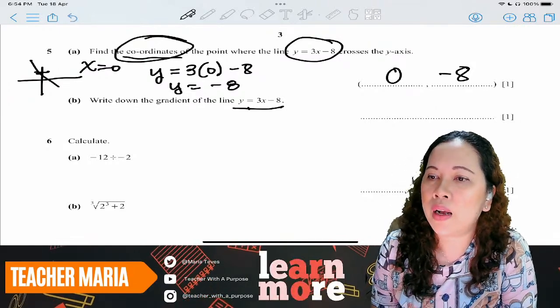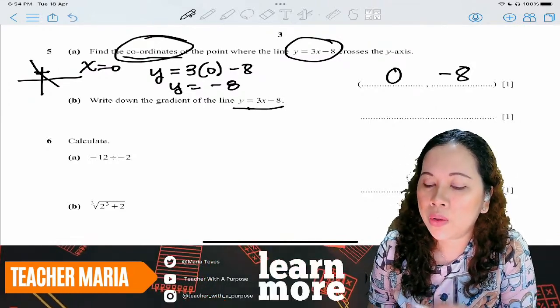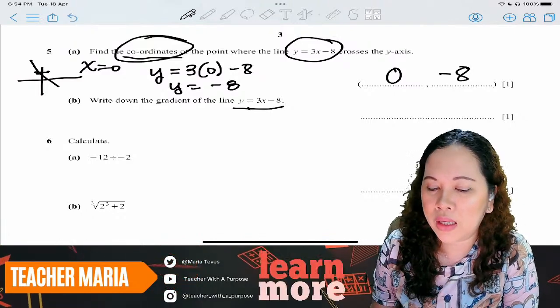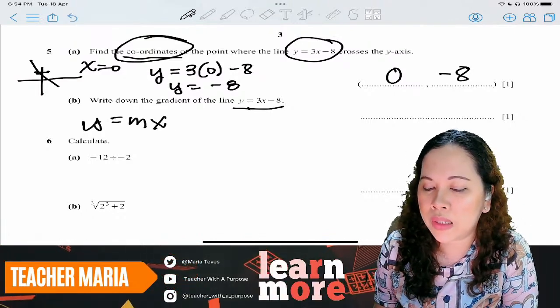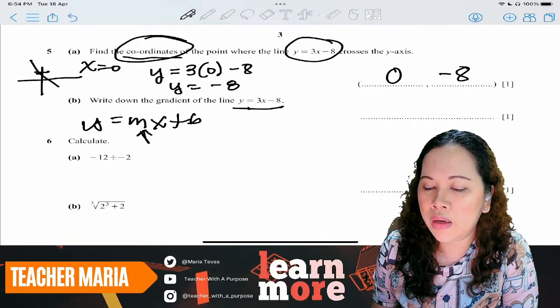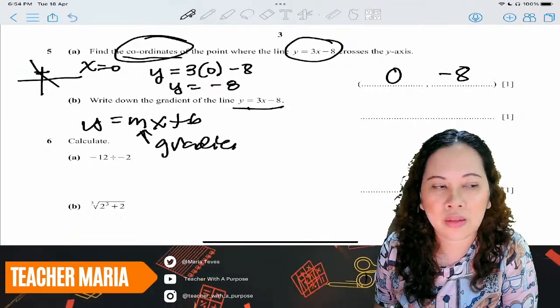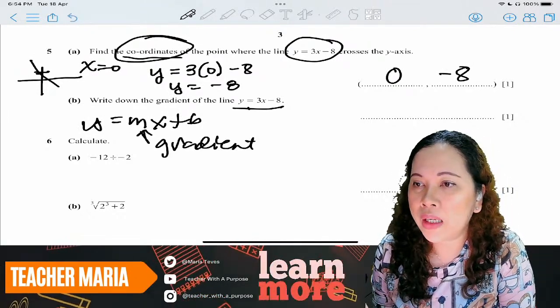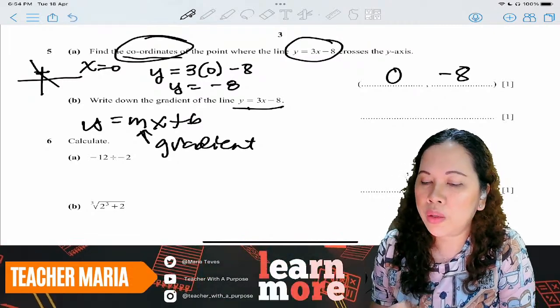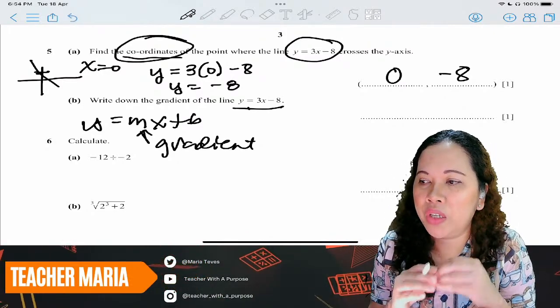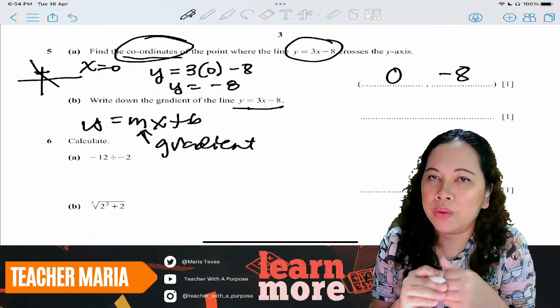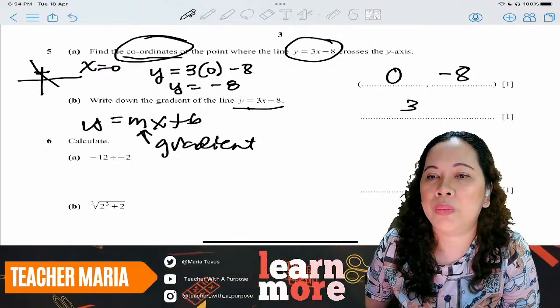Since you are asked for the gradient, and the equation of your line is y equals mx plus b, m here is your gradient. So the coefficient that is with your x is your gradient. Therefore, the answer here will be 3.